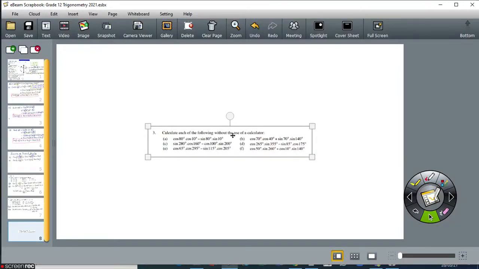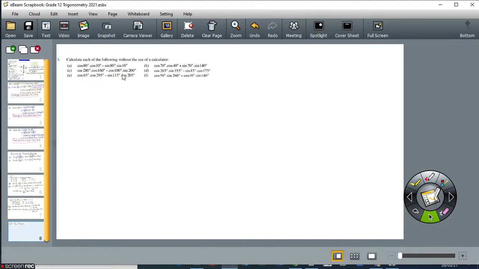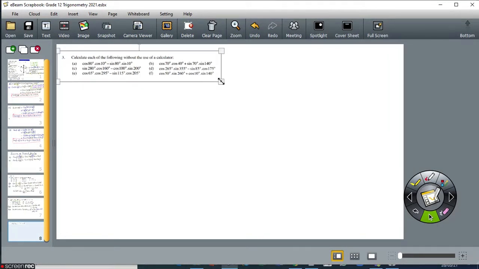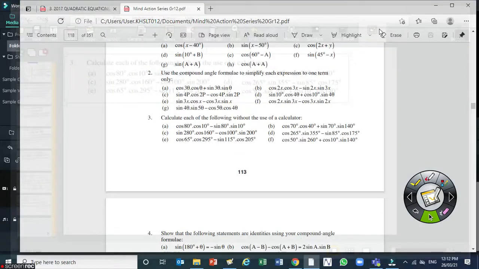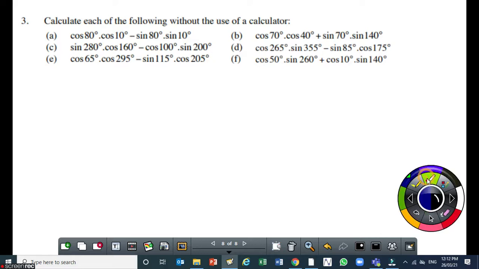Now, this part that I'm going to do, it requires knowledge of your reduction formula. But the reduction formula in compound angle is a good relationship. So let's start with the first one. Okay, that's fine. We can do B. There's no problem.